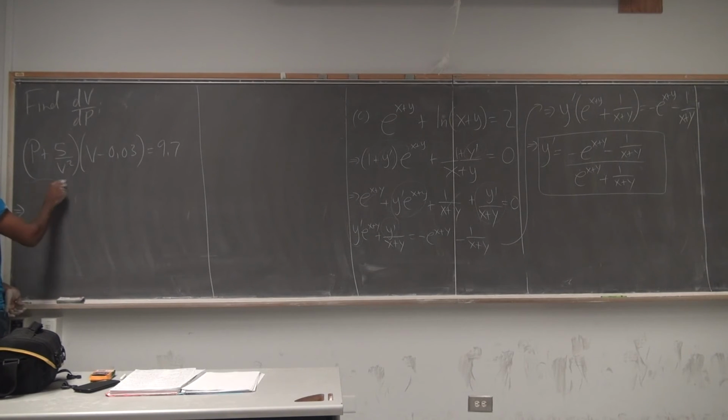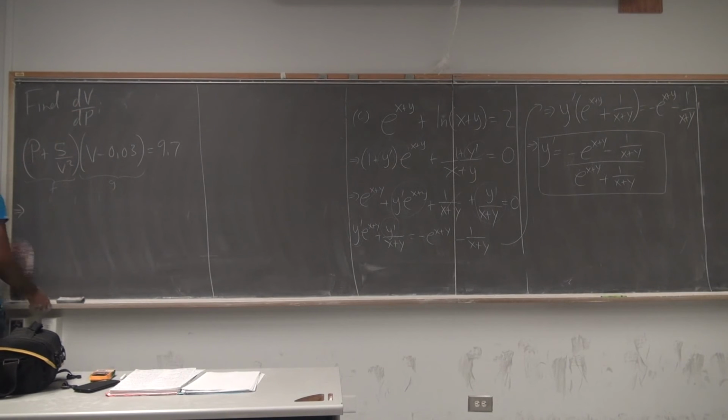Product of this times that. Right, there's an f times a g. Now I have to remember who is the dependent or the independent variable. Who's dependent here? Pressure. The guy that's on the bottom is the independent variable, right?